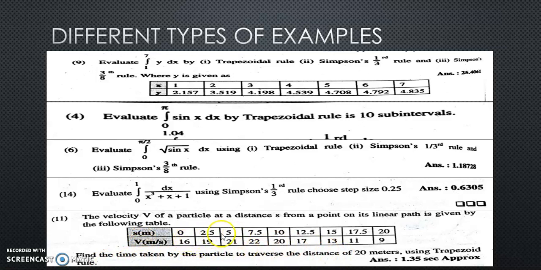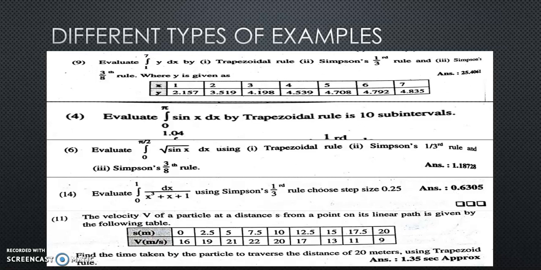So that means this is a tricky table. s is nothing but your x. So x values are given, but this is not y. You need to remember the formula relating velocity, distance and time. Using that formula, we can take that as your function. So the function is going to be time, not velocity. So write down the formula for time.